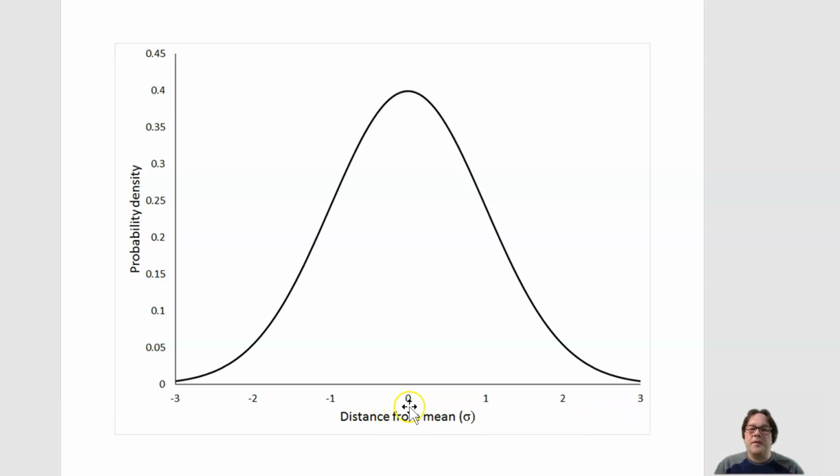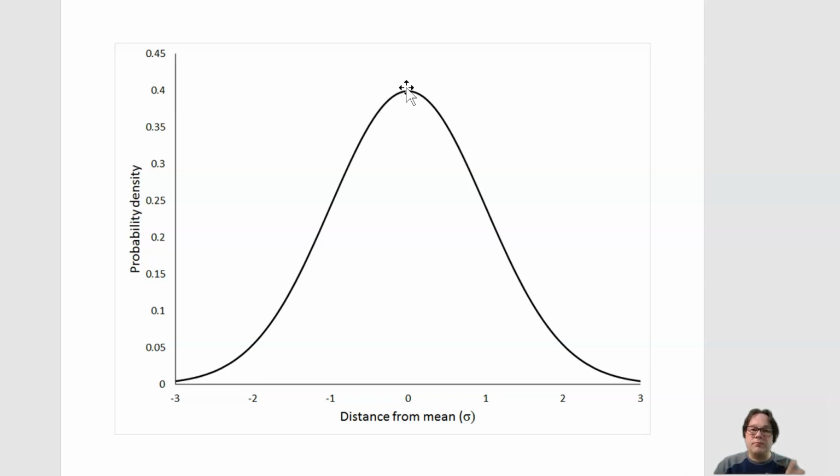Once we standardize scores, we're taking the mean of our distribution and transforming that into 0. So this highest point of a normal distribution represents the mean, the median, and the mode in a normal distribution.